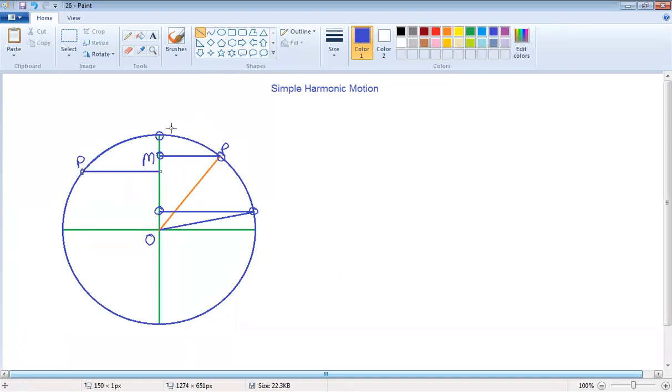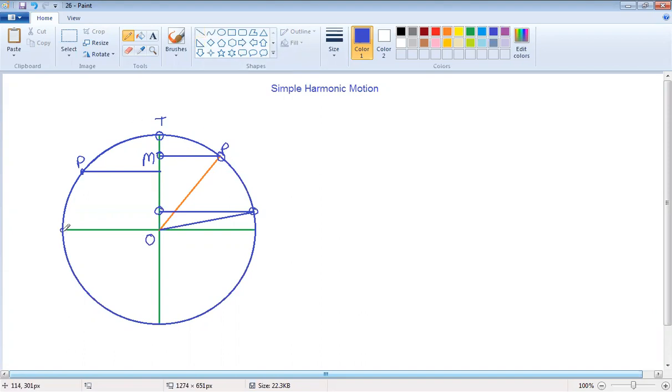First, the point M has moved from the origin to the topmost point here, suppose T. And now as the point P on the circle moves further, the point M starts coming down.